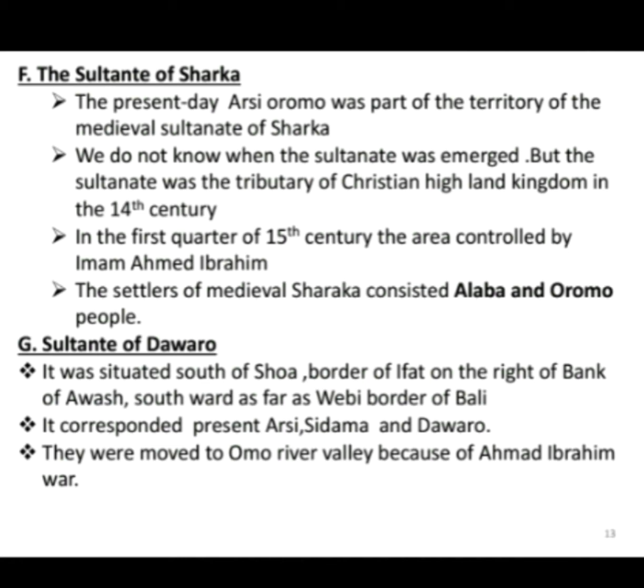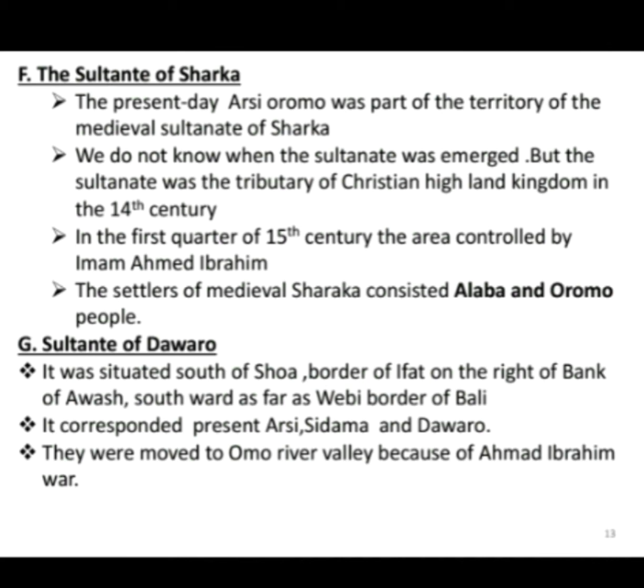We don't know when the sultanate emerged, but similar to Bale and Hadiya, it became a tributary state when the Christian Highland Kingdom controlled it in the 14th century. In the first quarter of the 15th century, the area was controlled by Imam Ahmad ibn Ibrahim al-Ghazi. The settlers of medieval Sharka consisted of Alaba and Oromo people.